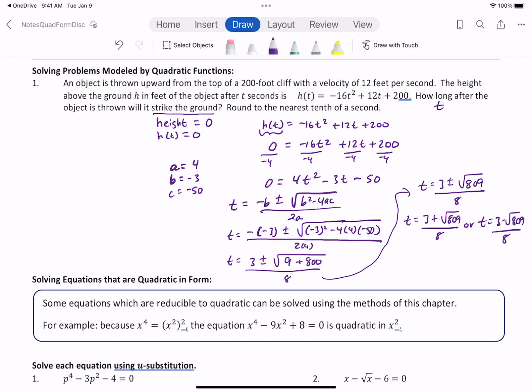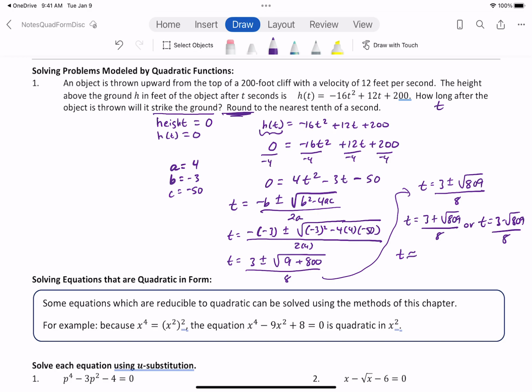If you look back at our instructions, it says round to the nearest tenth of a second. So don't worry about trying to break that huge root down. Just separate your two cases, and then because we're going to be rounding anyway, we're just going to enter it into the calculator this way. 3 plus square root of 809 divided by 8.